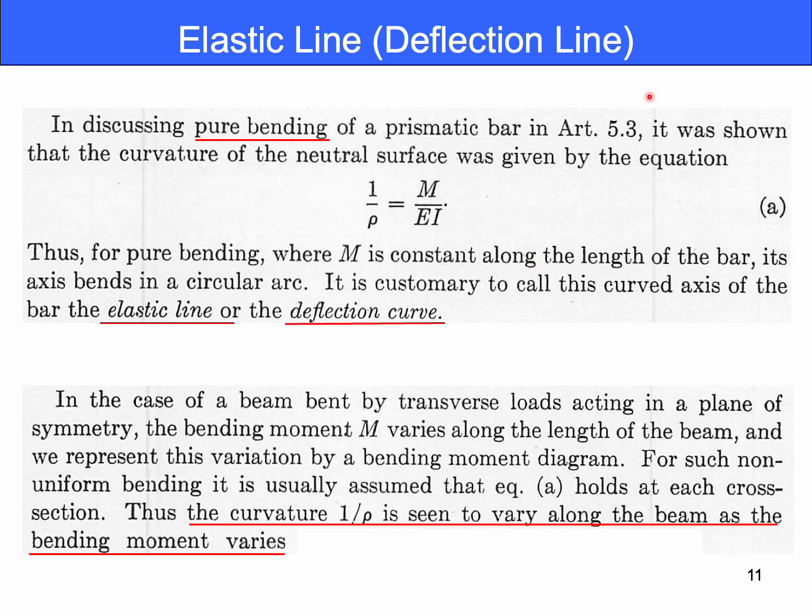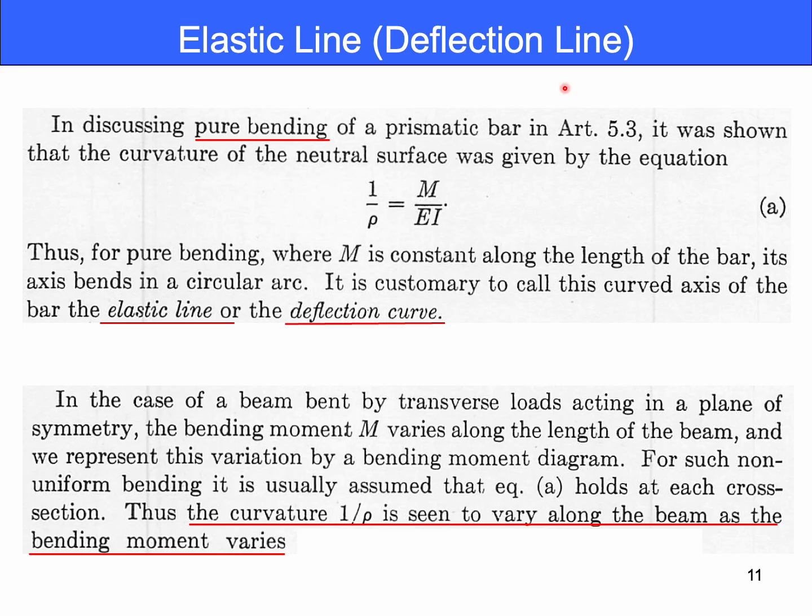In general, for beams under transverse loading, M varies along the length, so the curvature varies. The deflection curve changes shape. This is the bridge idea: moment diagram to curvature distribution to deflection curve.